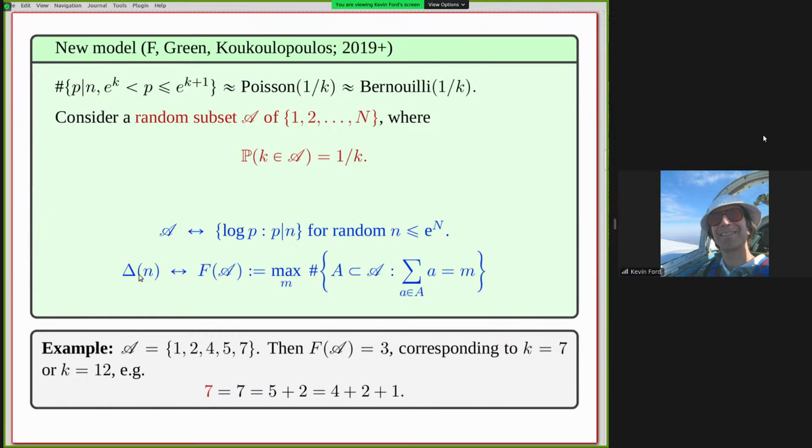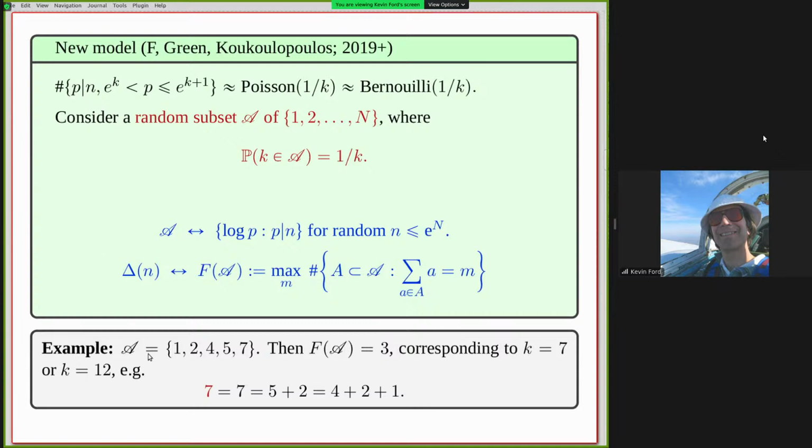And then the delta function will correspond to a concentration function on the set A, which is simply the maximum concentration of the subset sums. So we take the maximum over m and we count how many subsets of our random set have sum equal to m. Now it's not an exact correspondence, but it's a relatively short argument to move from results about f of A to results about the divisor function using, let's say, the Kubilius model.